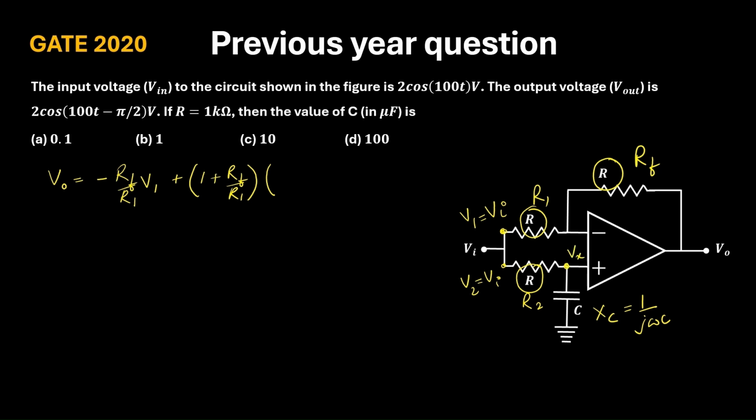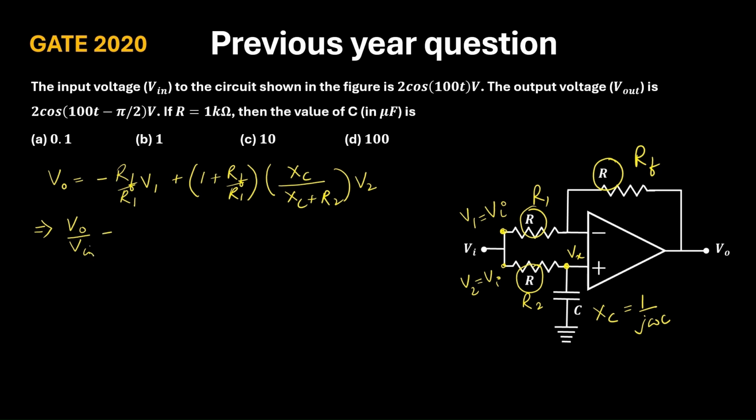So it will be Xc divided by Xc plus R2 into V2. Now you can pause the video and you can substitute R1, R2, RF, Xc, V1 and V2. Please note that V1 and V2 is V input. So after the substitution, you will get an expression like this.